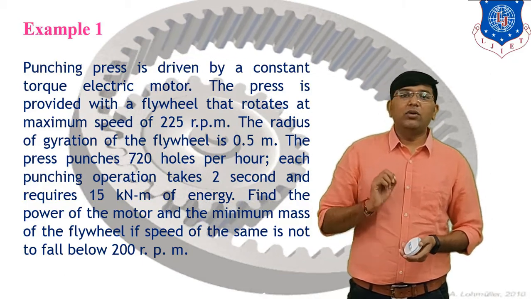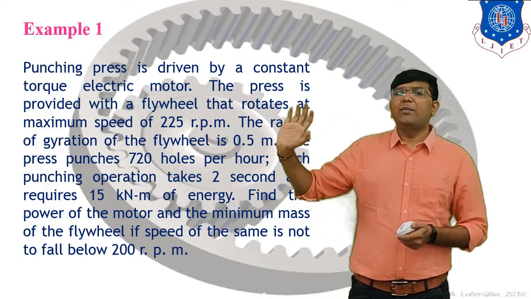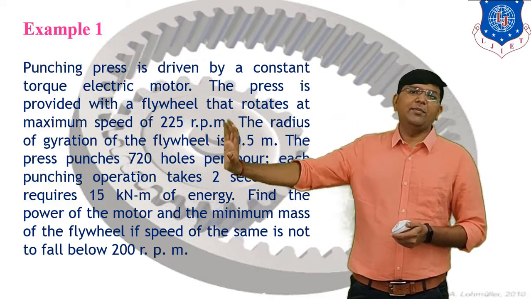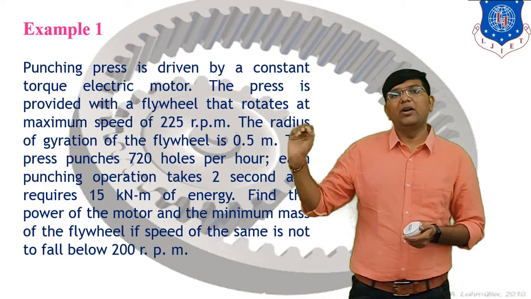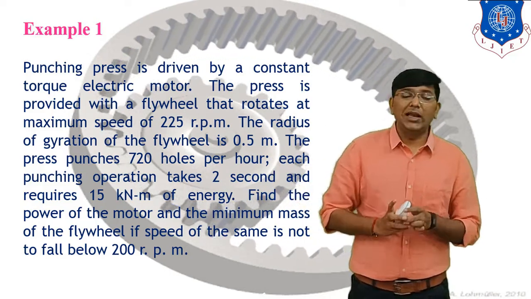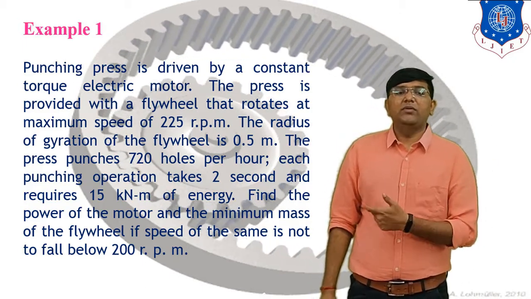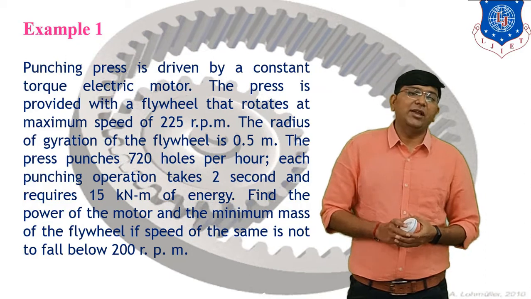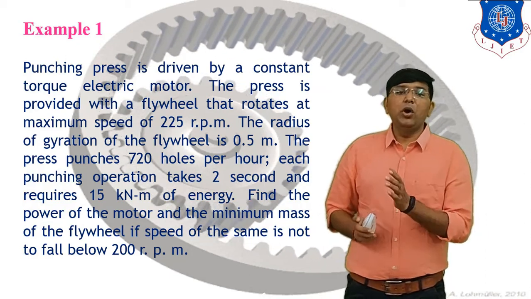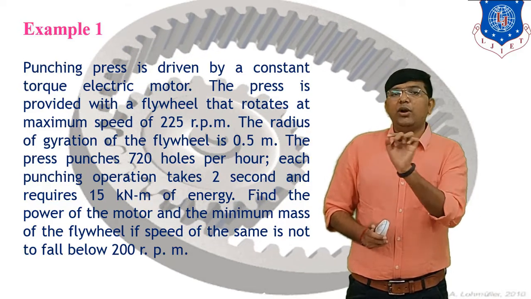Clear? Now you have to understand the meaning of power. Energy required per second or energy supplied per second is power, joule per second or newton meter per second. So first of all we have to calculate the value of power, and the minimum mass of the flywheel if the speed of the same is not to fall below 200 rpm. So this is the minimum speed, 200 rpm.